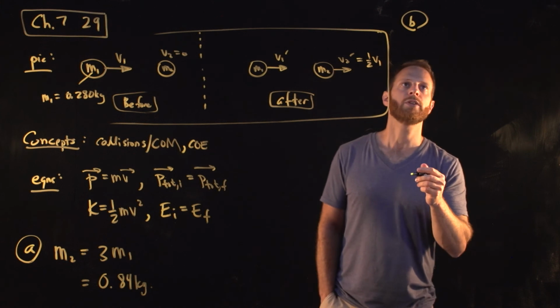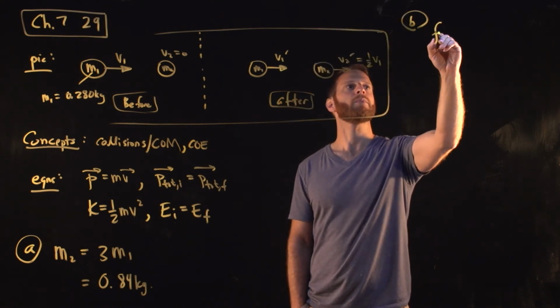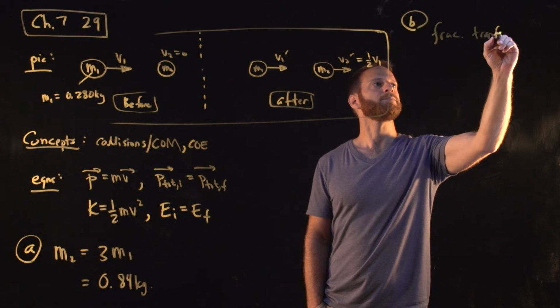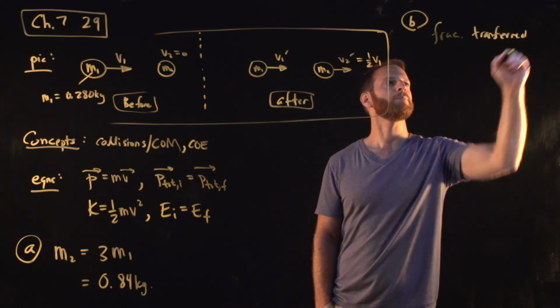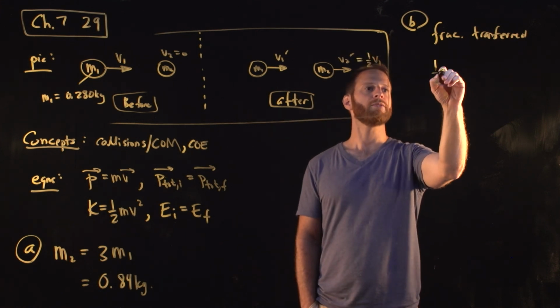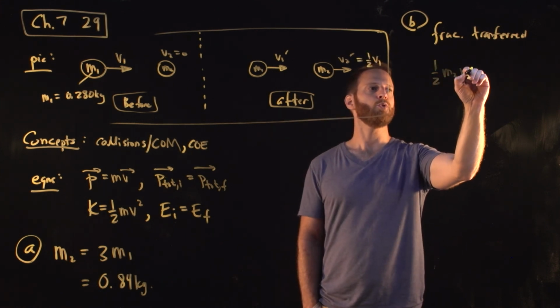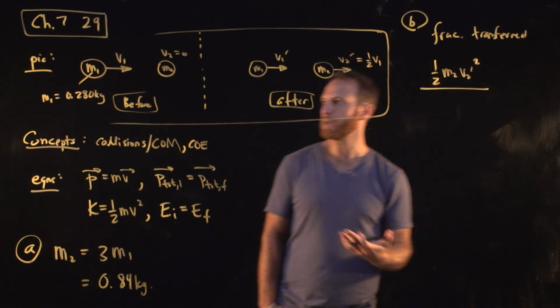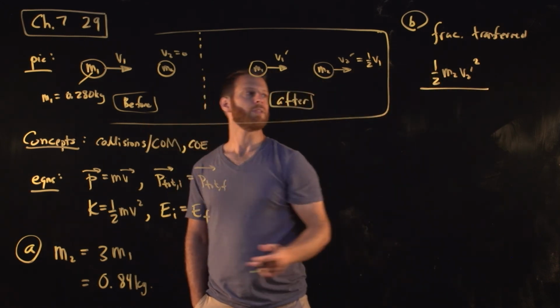So what that means is the fraction that's transferred, let's just write this in words. Fraction transferred is equal to the kinetic energy acquired, so that's 1/2 m2 v2 prime squared, divided by the original kinetic energy that the first ball had.